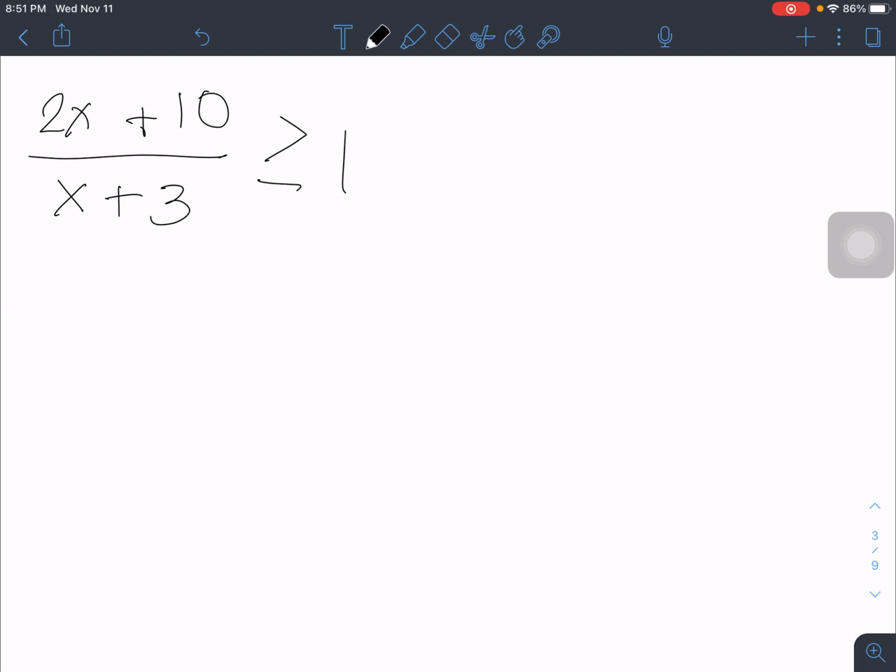In finding the values of x, there is a series of steps. The first one is to transform the rational inequality so that the left-hand side contains all the terms and the right-hand side has only 0.